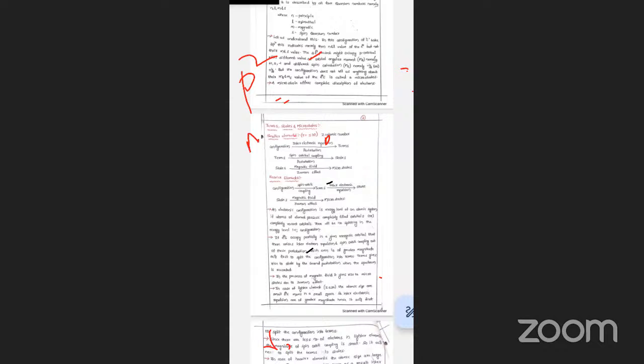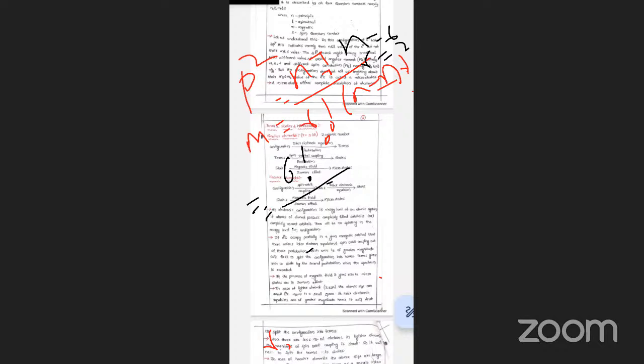Microstate is equal to, what is the equation here? n factorial divided by r factorial into (n minus r) factorial. Okay. What about the n value here? n is equal to 6. r is equal to what? 2. We can apply all the values. n is equal to 6 means 6 factorial divided by... r means the number of electrons.